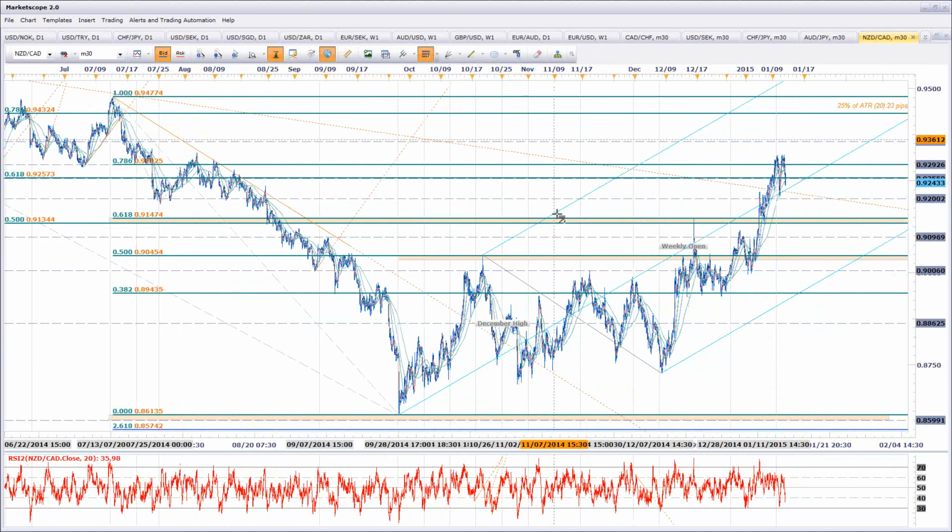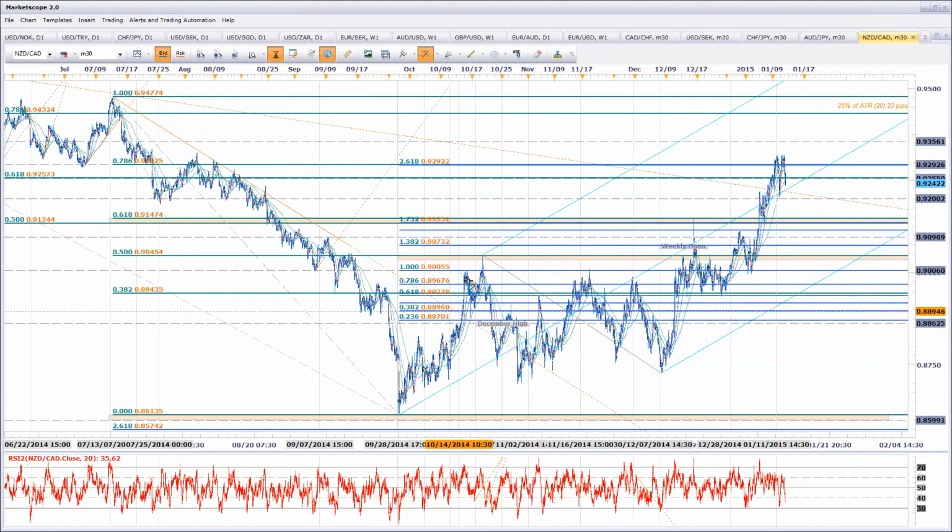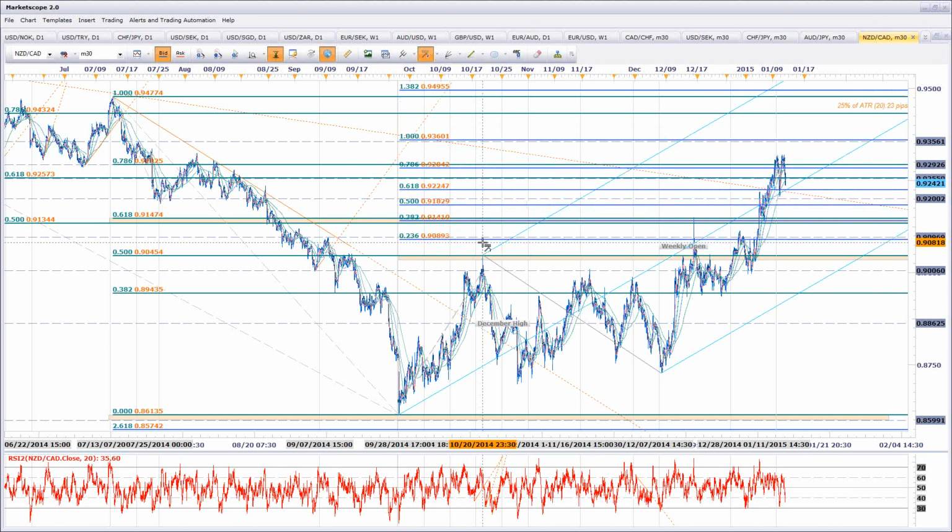Put an extension right off the low here to see if we can get any projections on the upside. I think we had this on the daily chart, giving us that 1618.